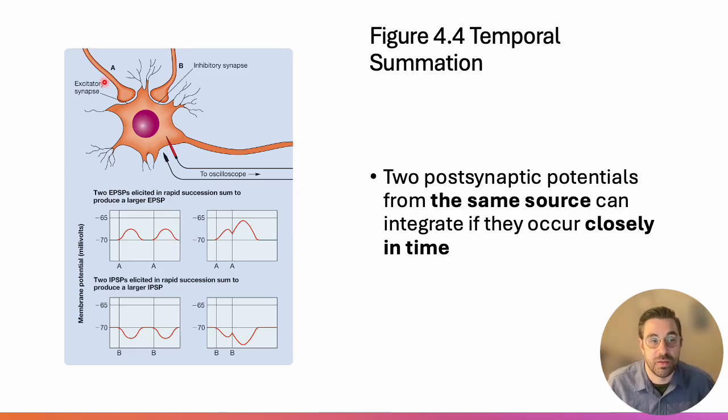But if neuron A fires twice right in a row, then it'll get summed if they're occurring closely in time. Same thing for the IPSPs, just in the opposite direction. Inhibit.